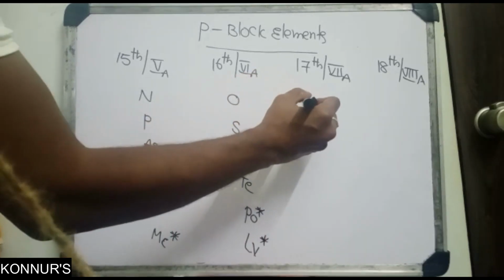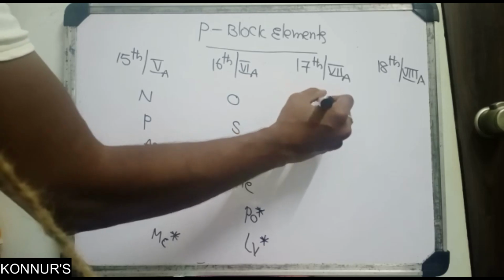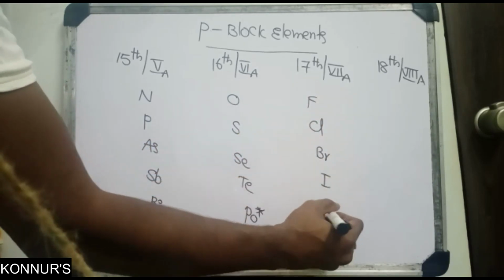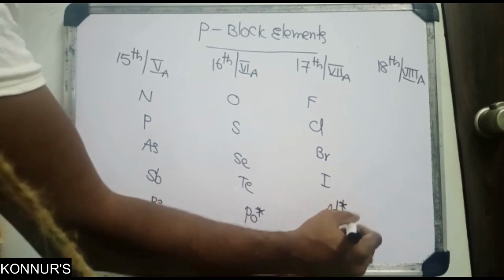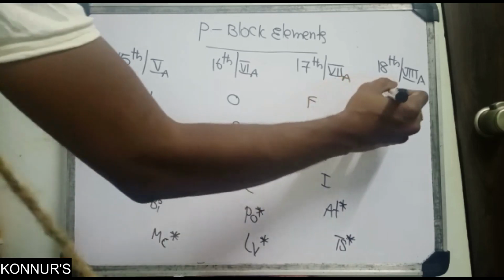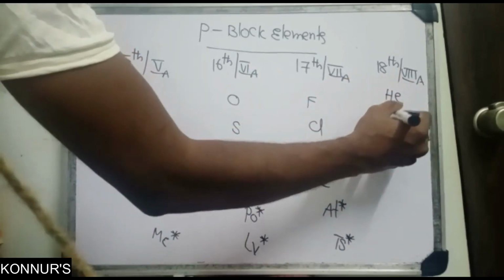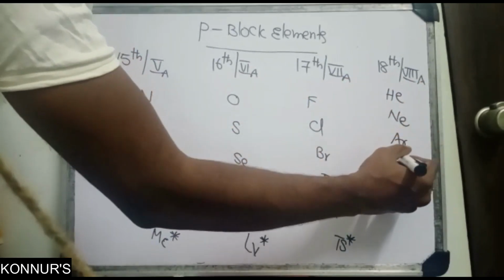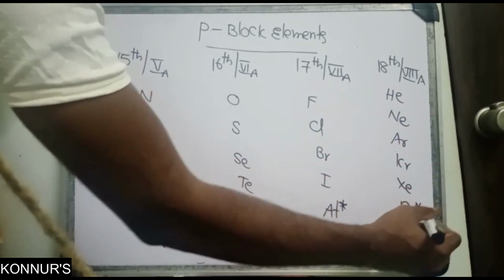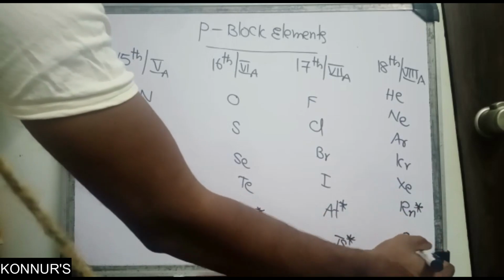Next 17th group: fluorine, chlorine, bromine, iodine, astatine. So tennessine. Next 18th group: helium, neon, argon, krypton, xenon, radon, oganesson.